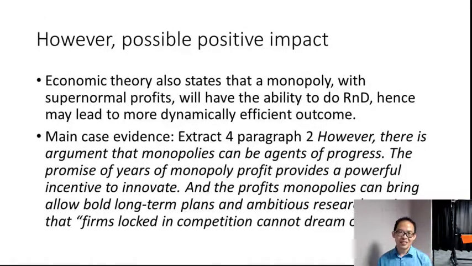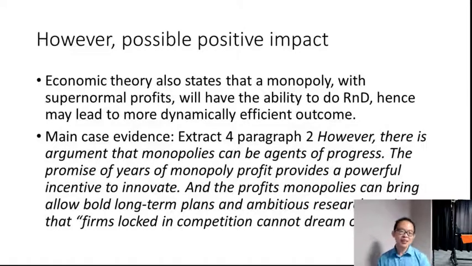However, there's a possible positive impact for your balance. You have learned in economic theory that a monopoly, even though it is usually allocatively inefficient, can earn supernormal profits. And when it does, it has the ability to do R&D, research and development. Hence, by doing R&D, it may lead to a more dynamically efficient outcome.